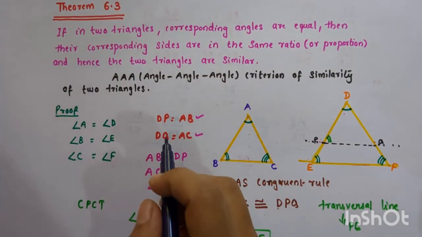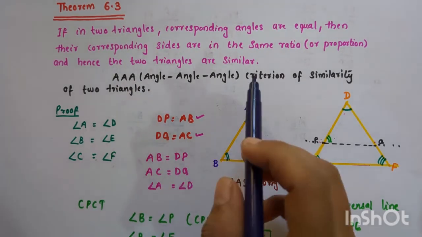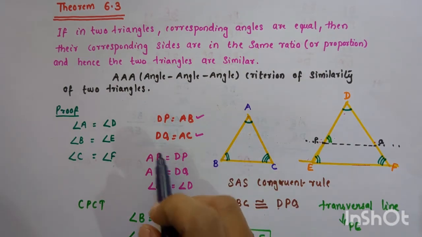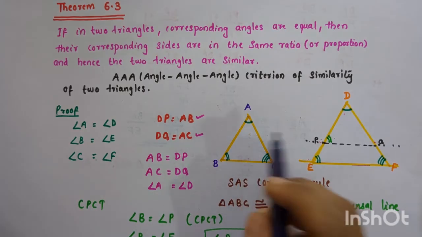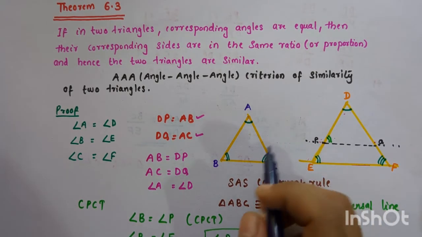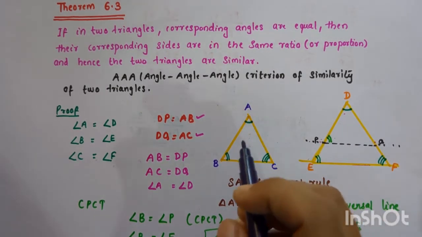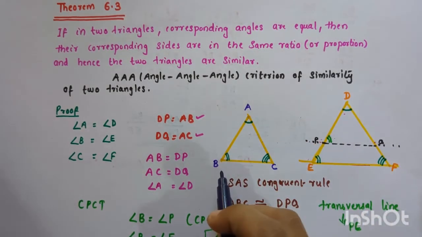Now, let us discuss a remark which is given in your textbook, which is the AAA similarity criterion for two triangles. If two angles of a triangle are respectively equal to two angles of another triangle, then by the triangle sum property, their third angles will also be equal.